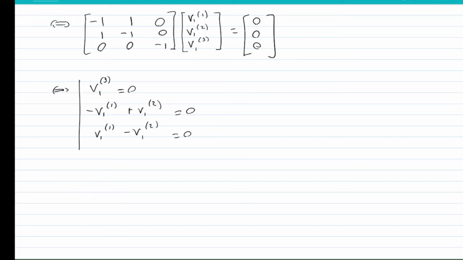And so what we get is that V1,1 is equal to minus V1,2, and of course V1,3 is equal to 0. So an eigenvector is simply a vector of the form 1, minus 1, 0, which I'll call V1.